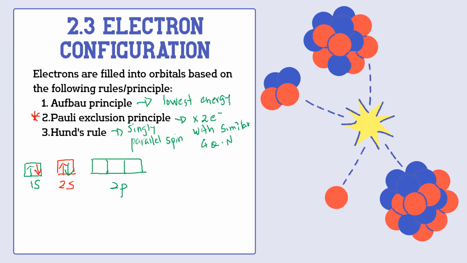So the fifth electron will be filled in upwards, and then the sixth electron will go next to it. Why? Because Hund's rule lets us know that electrons must fill singly, one by one, with parallel spin before pairing up.